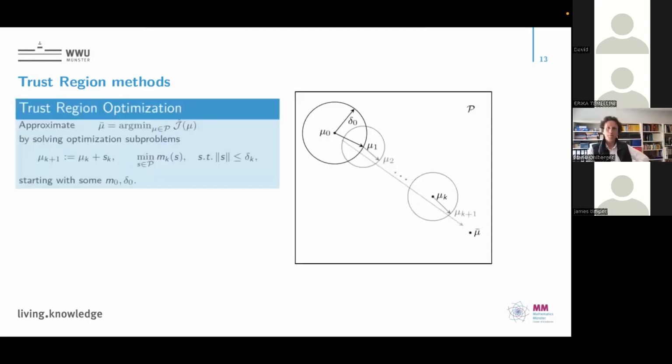One optimization method that serves as a blueprint for what we are going to do is the so-called trust region optimization approach. We replace our overall optimization problem with optimization sub-problems. In each outer loop, we create a surrogate model, and then we solve a minimization problem for this surrogate model as long as we can trust it.